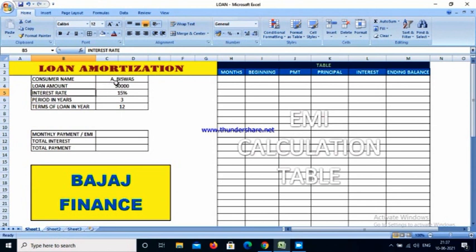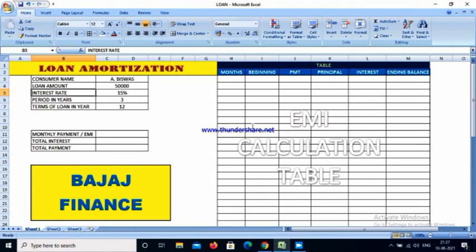So A business has to pay 15% interest on this total amount 50,000. Now month wise, how much does he have to pay to the Bajaj Finance loan department? So we need to find out first this value, the month wise payment, known as the part payment students. So month wise how much amount he needs to pay as EMI amount to Bajaj Finance.